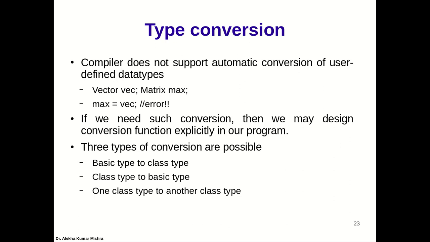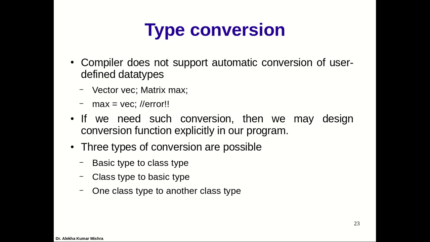If we want such a conversion by using the assignment operator, we need to define a conversion function, just like an operator function. When we put a vector object on one side and a matrix object on the other, we have to tell the compiler what to do.